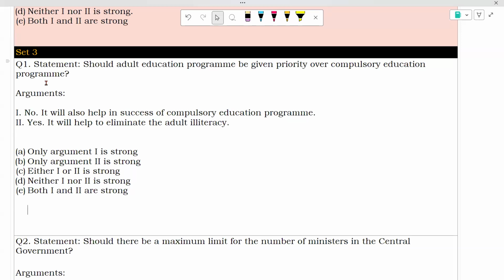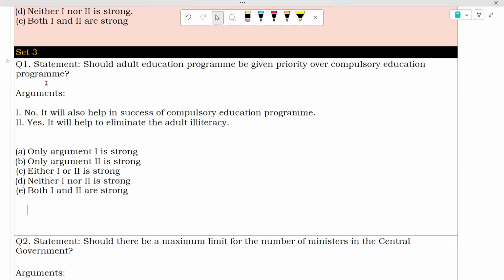Now the argument says, the first person says, no, it should not be given priority. Why? It will also help in the success of compulsory education program. So if we do not focus that much on adult education program, it will help the success of compulsory education program.